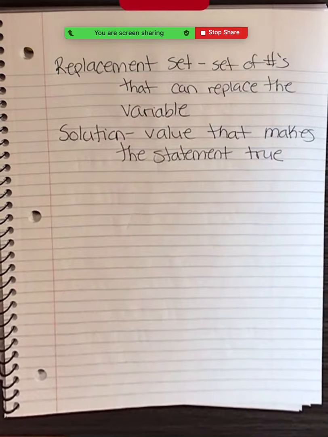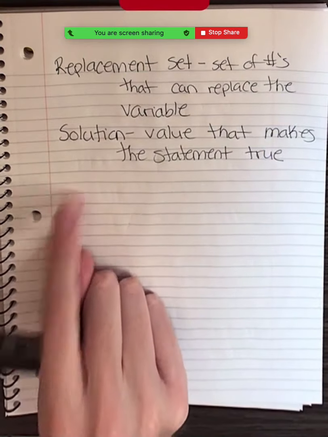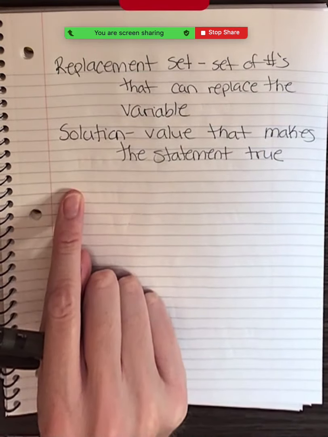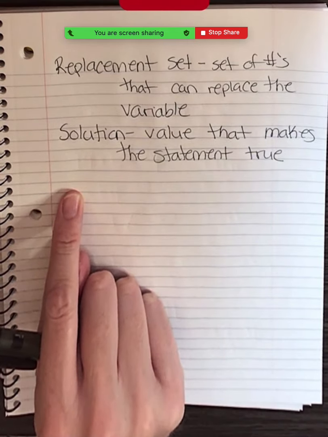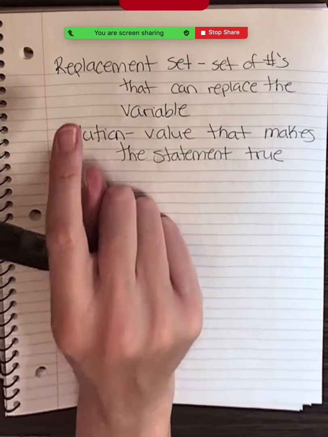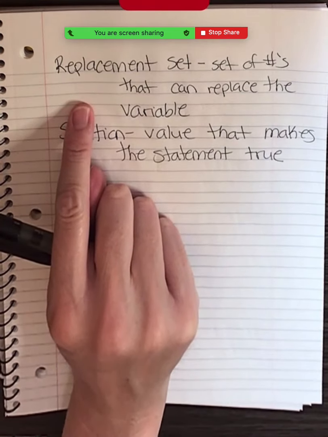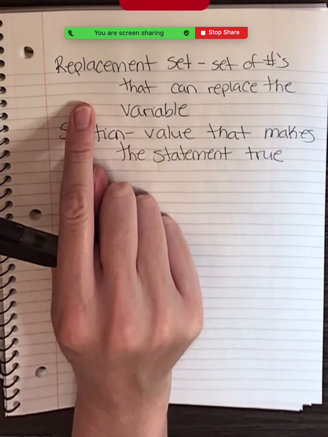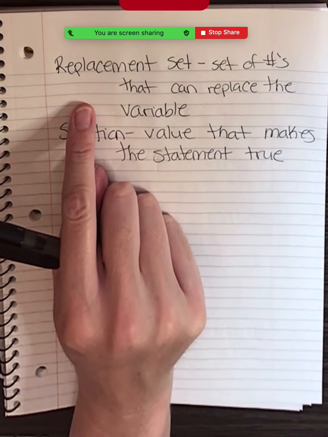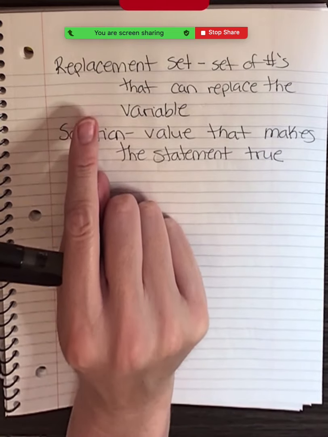You're going to take your replacement set and try every number in it, and see which ones make it true and which make it false.